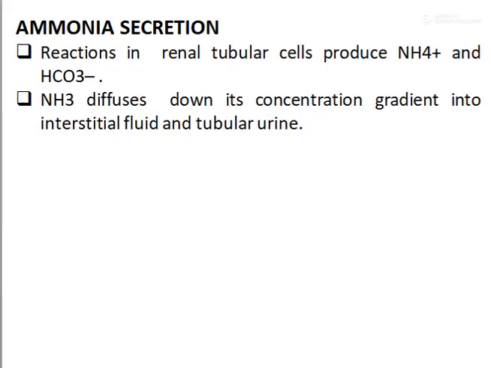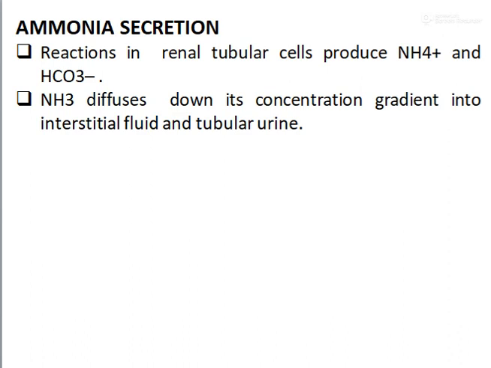Now come to the ammonia secretion. In ammonia secretion, the reaction in the renal tubular cell produces NH4+ and HCO3-. This NH4+ is in equilibrium with NH3 and H+ in the cell, and because the pK of this reaction is 9, the ratio of NH3 to NH4+ at pH 7 is 1:100.